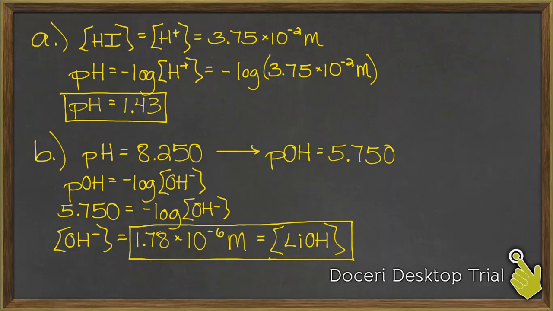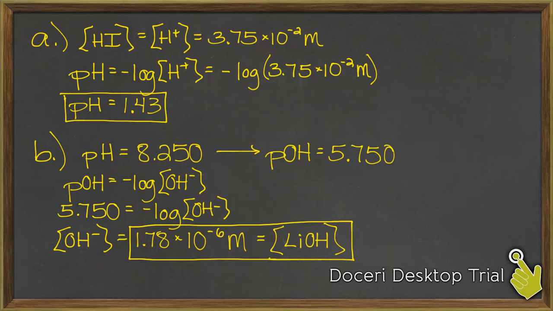The first thing I did was I said, okay, well then what's the pOH? 14 minus 8.25, and I get my pOH, which I then substituted into pOH equals negative log of the hydroxide concentration, and I was able to solve for the hydroxide ion concentration.